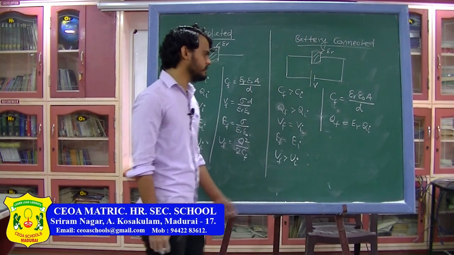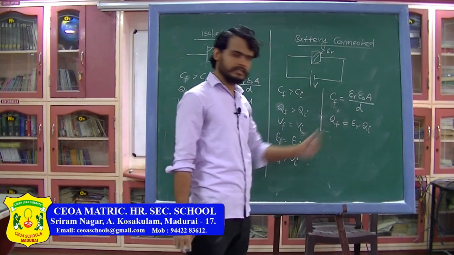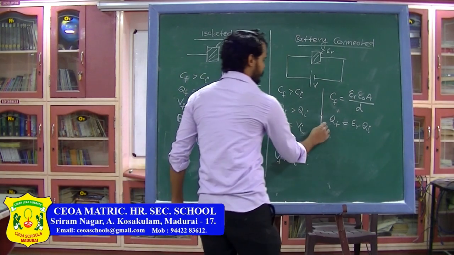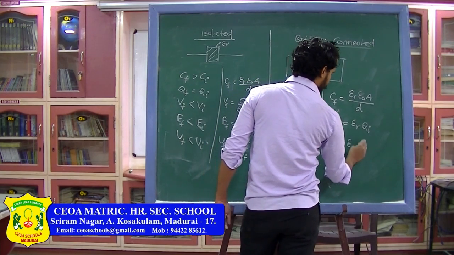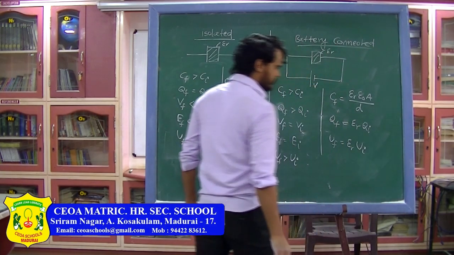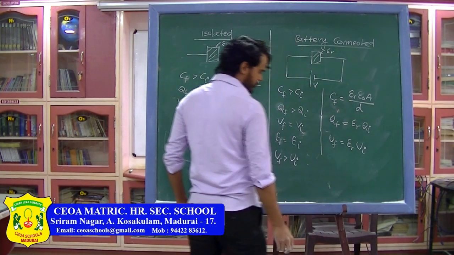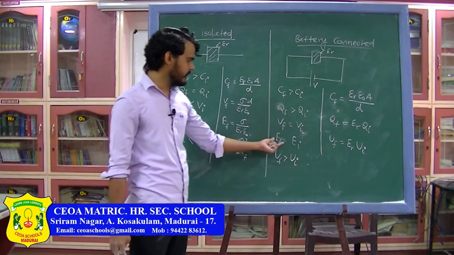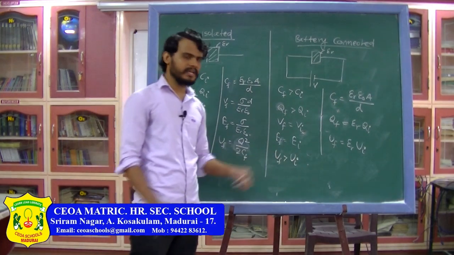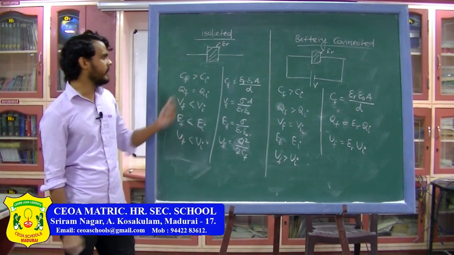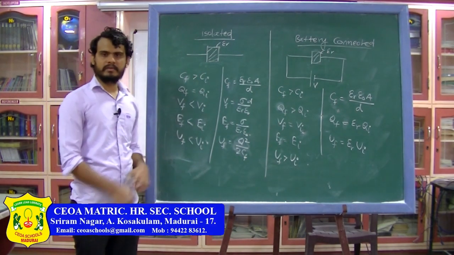So here capacitance increases, charge also increases, and final potential energy can be written as epsilon r times U initial. So these three quantities will increase while final potential and electric field will remain same. So potential and electric field for a battery connected capacitor remains constant, while for an isolated capacitor charge remains constant.